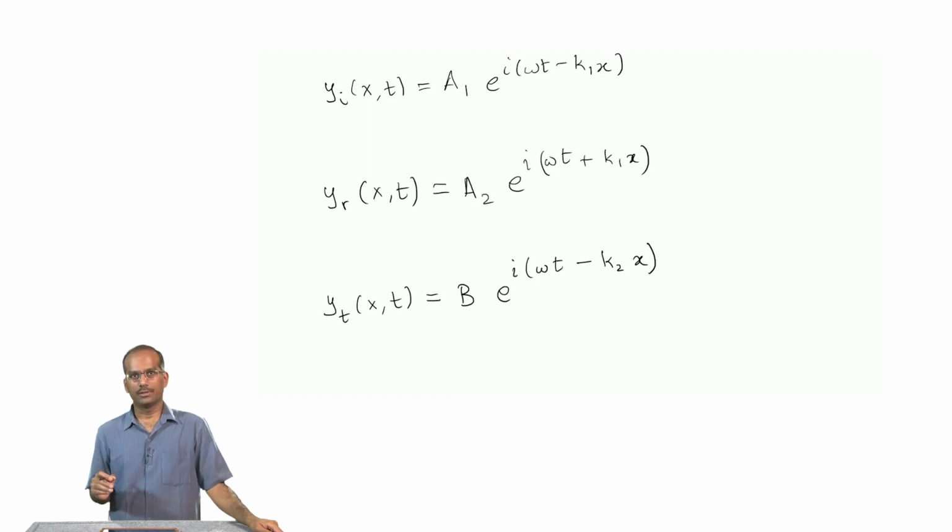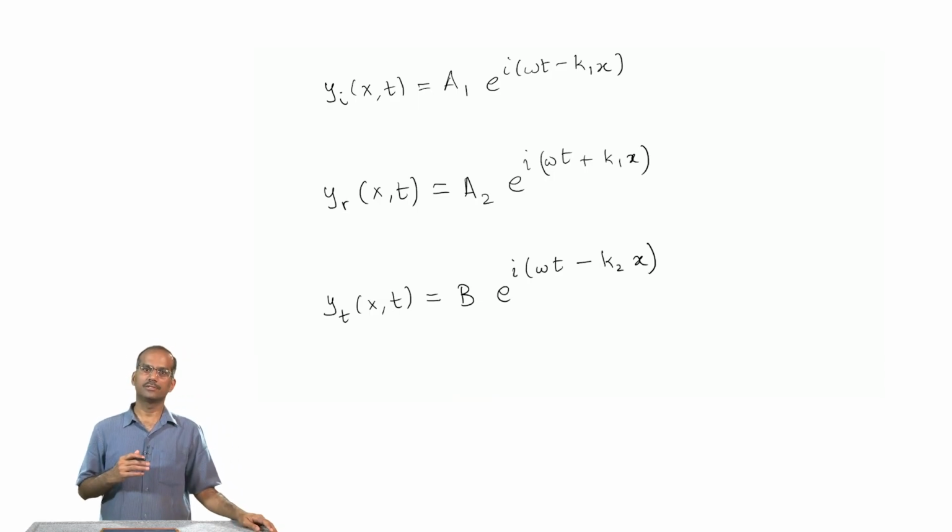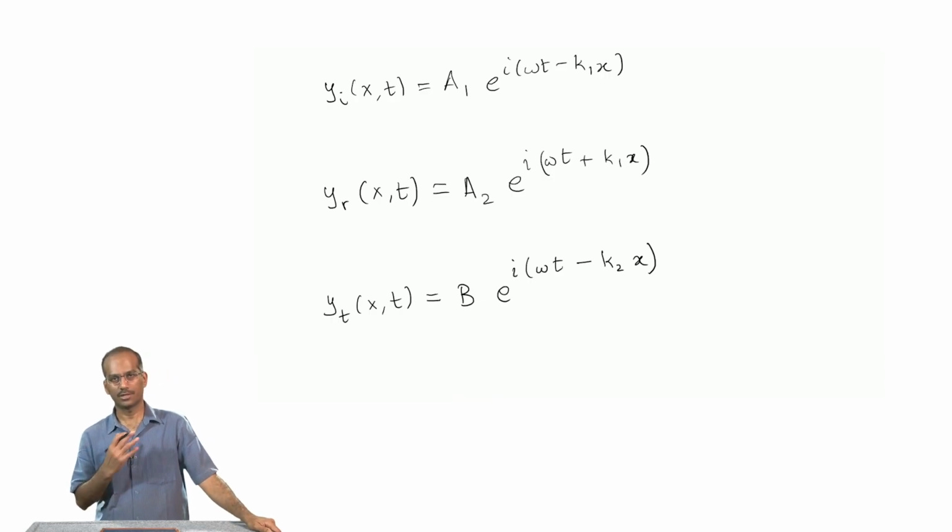I should recall the idea that the frequency of oscillation is not going to change even across the boundary. It is going to remain the same. Together as a coupled system, omega is like your normal mode frequency, and it is not going to change.